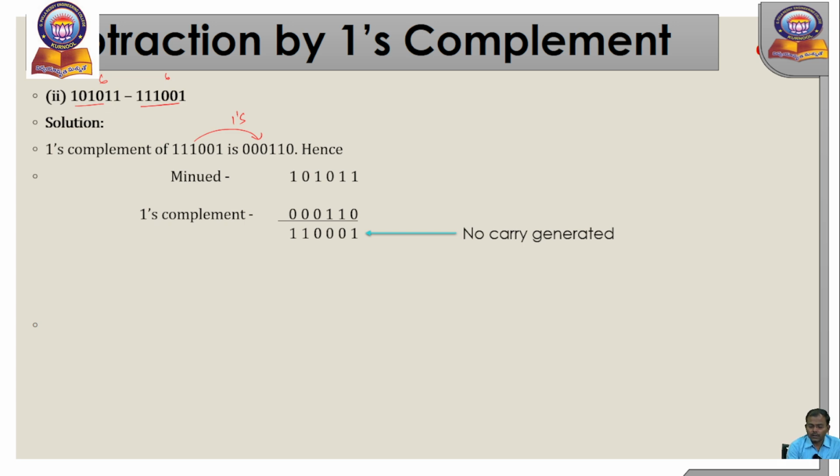After that I have to perform the addition of the minuend and the 1's complement of the subtrahend. I got the result as 1 1 0 0 0 1. You can observe the result also has 6 bits, so no carry is generated.